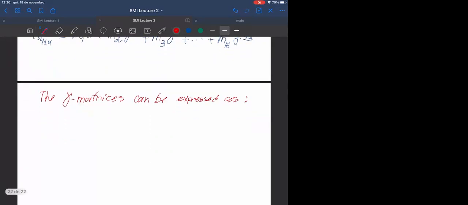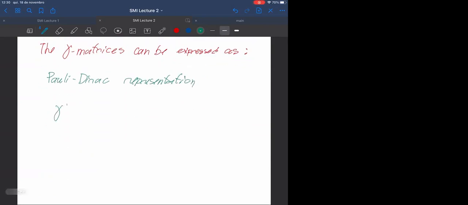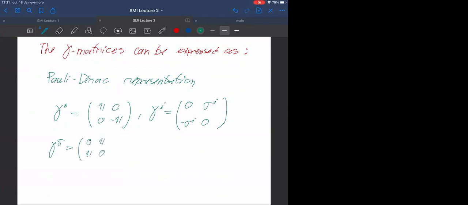So one of the possibilities is the Pauli-Dirac representation. And in the Pauli-Dirac representation, we have gamma 0, which is basically diagonal. Gamma I, and this is going to be important in the calculation of the solutions of the Dirac equation. And gamma 5 is going to be equal to 0, 1, 1, 0, right?